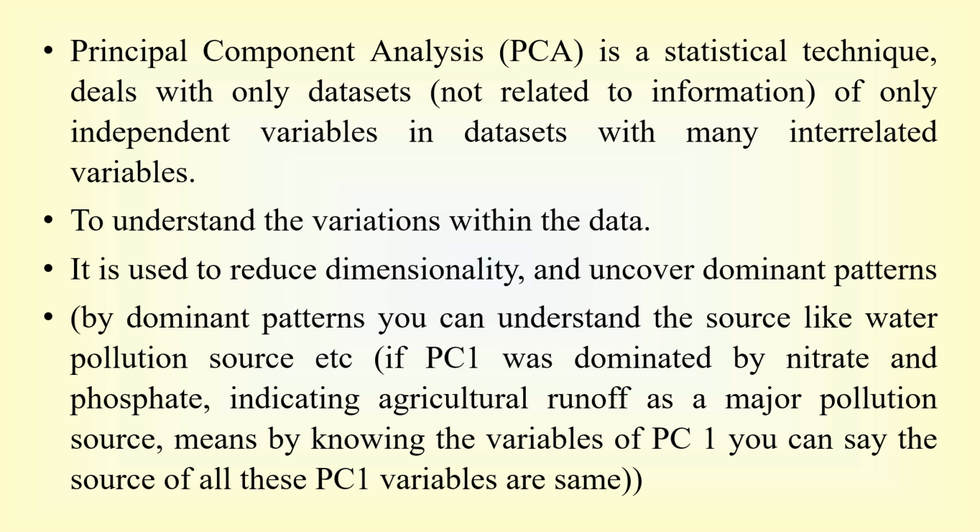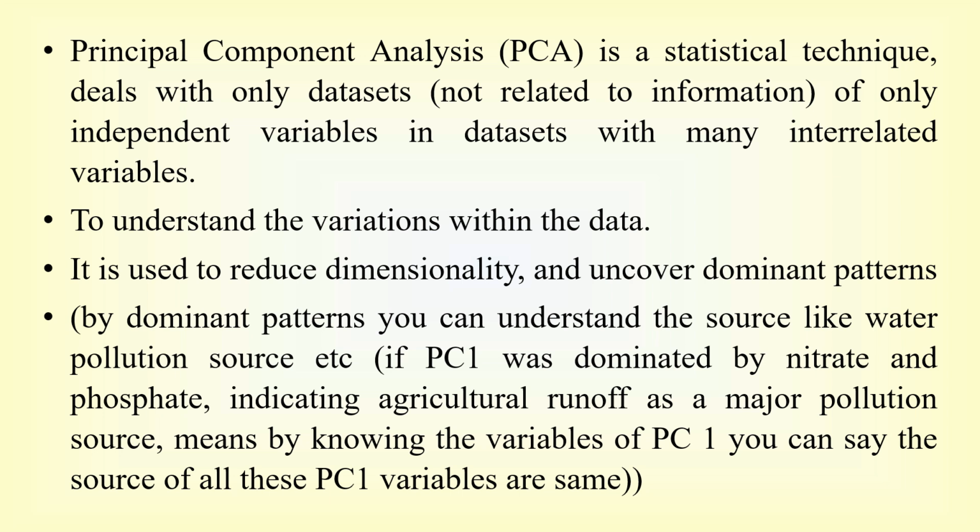Now we'll see how it can uncover the dominant patterns. By dominant patterns, you can understand the source, like a water pollution source. Think that PC1 was dominated by nitrate, phosphate, etc., which indicates agricultural runoff as a major pollution source.